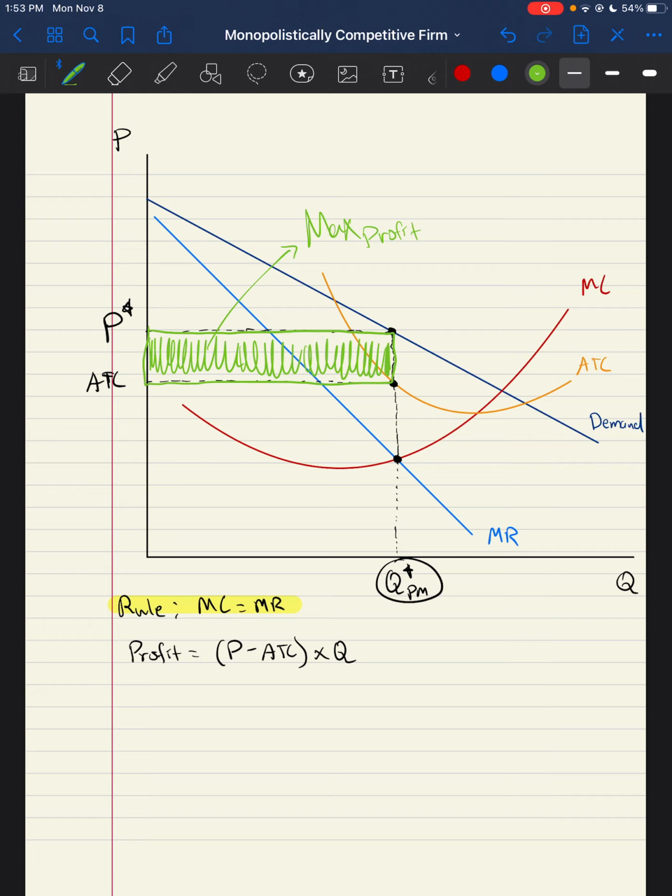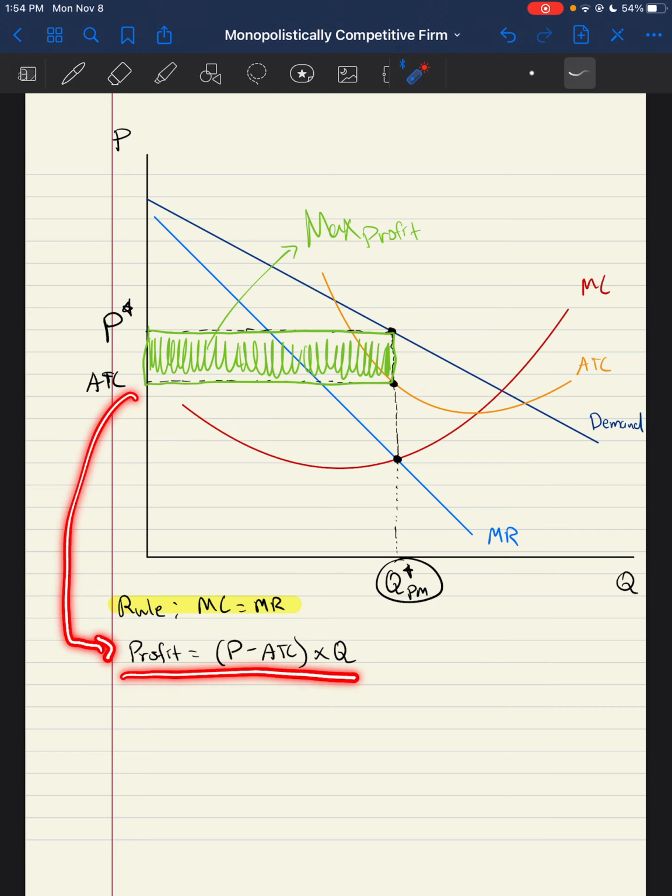Once again, notice that the area of a rectangle is just base times height. Our base is this Q, just quantity, and our height is P minus ATC, the price minus the average total cost. And that checks out once again with our profit.